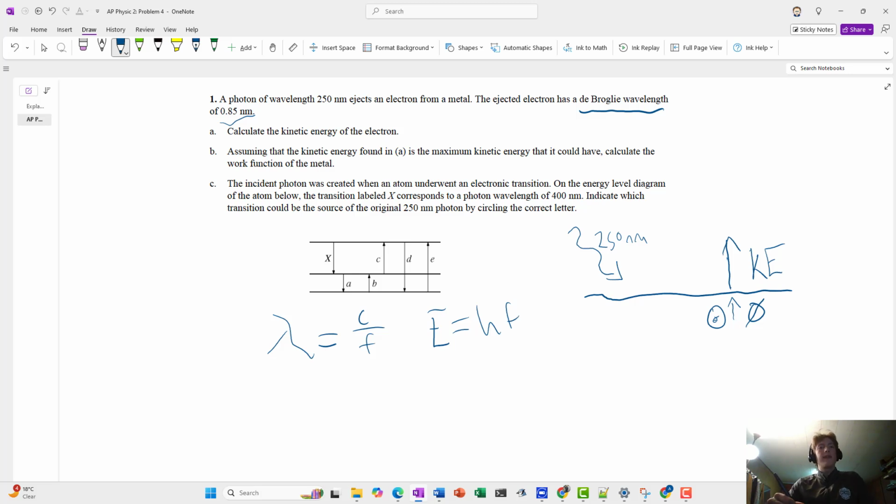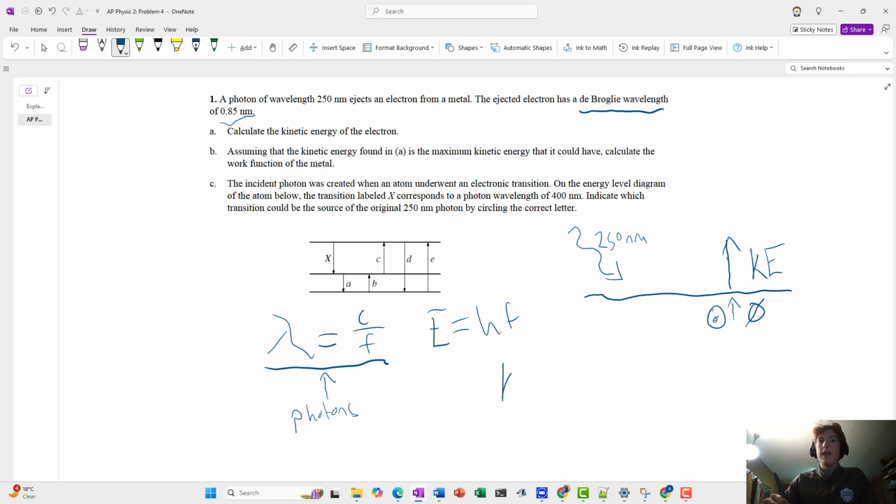But I found out this actually doesn't work, because this equation only works for photons, particles that are traveling at the speed of light, and the electron isn't going to travel at the speed of light. So I have to approach this from a different way.